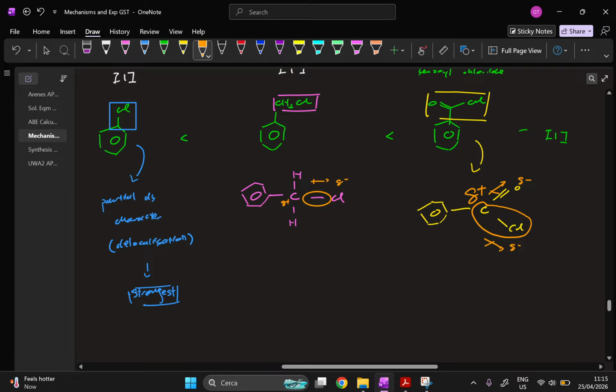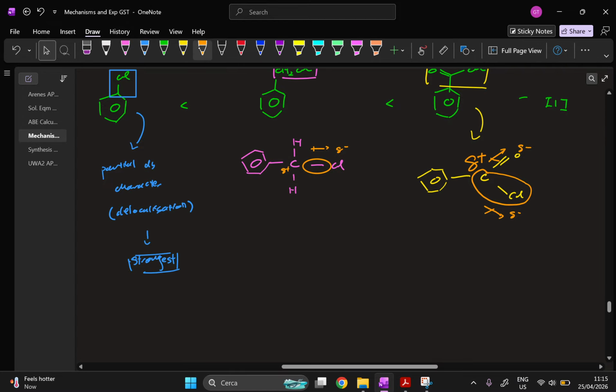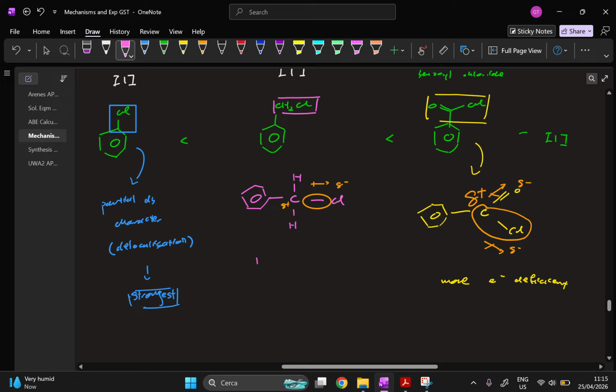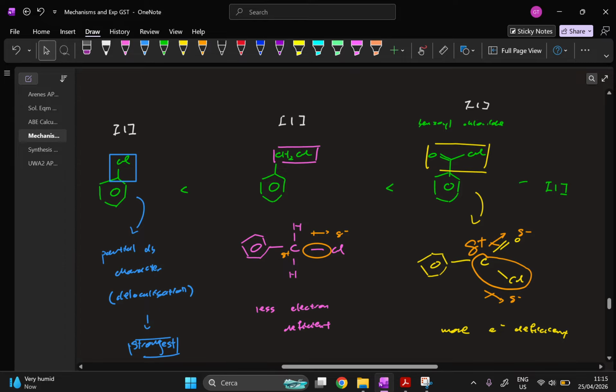This one only has a small bit of delta plus because it's only bonded to 1 highly electronegative atom. So this one is going to be more electron deficient as compared to the C atom here in this chloride, which is less electron deficient, and so as a result, this is going to be less susceptible to nucleophilic attack because it is less delta plus. This one is more delta plus, so it's more susceptible to nucleophilic attack.